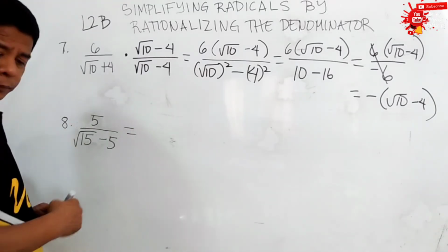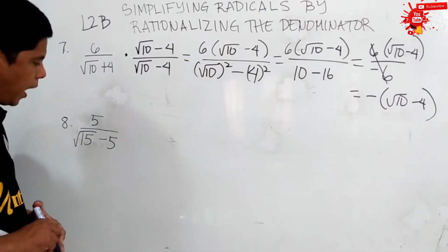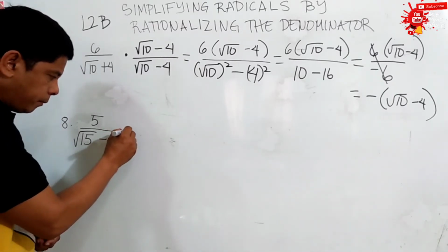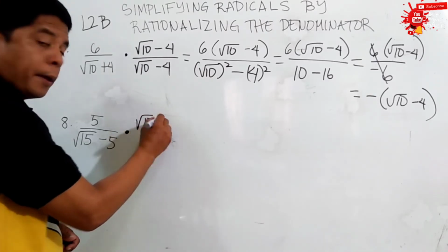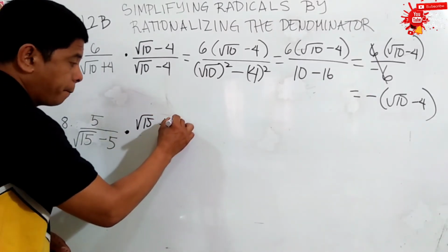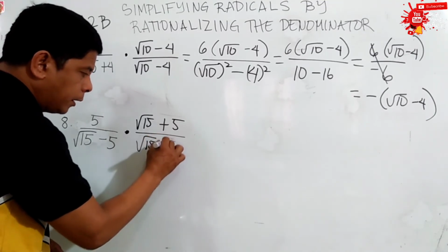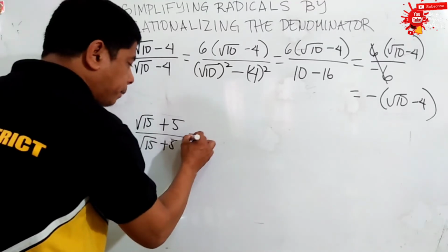So, 5 over the square root of 15 minus the square root of 5. Ano ang conjugates niya? May tama ka. So, that is the square root of 15 plus the square root of 5 over the square root of 15 plus the square root of 5. O, napakadali lang ng lesson, no? Akala nyo, mahirap lang.